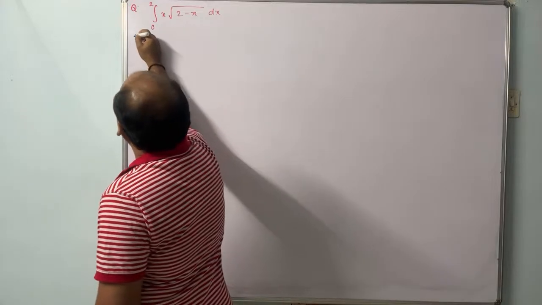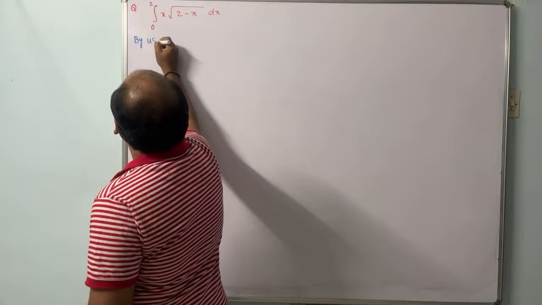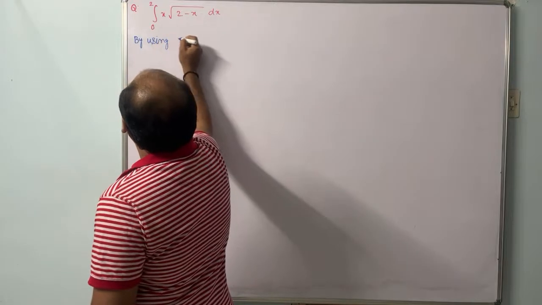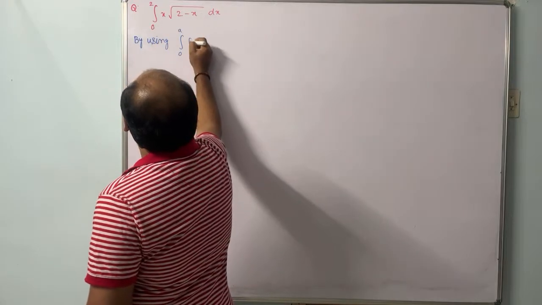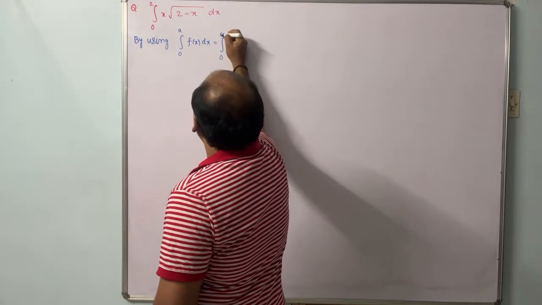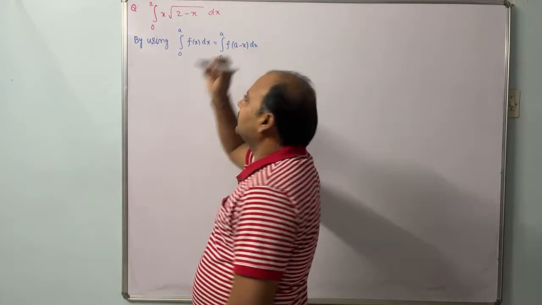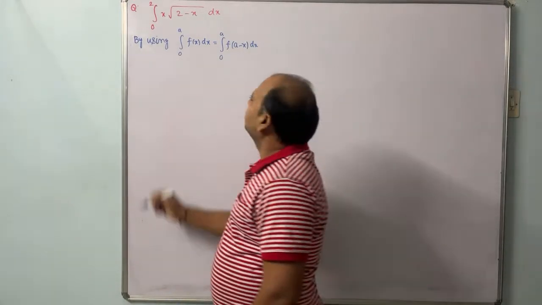So here we are going to apply, by using, integral 0 to a f of x dx is equal to integral 0 to a f of a minus x into dx. Okay, students.